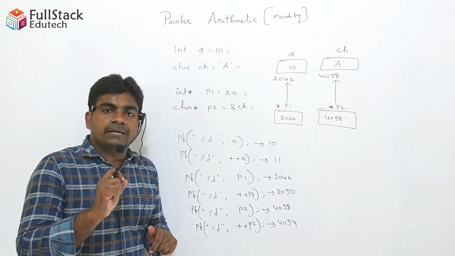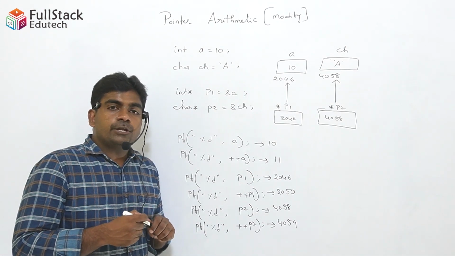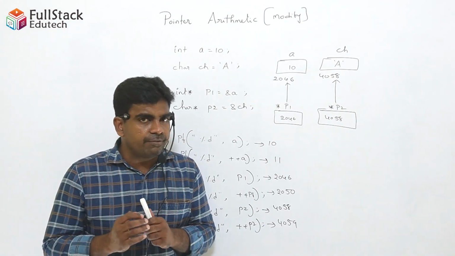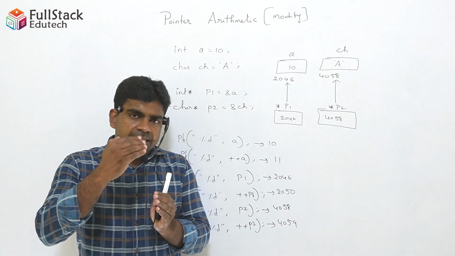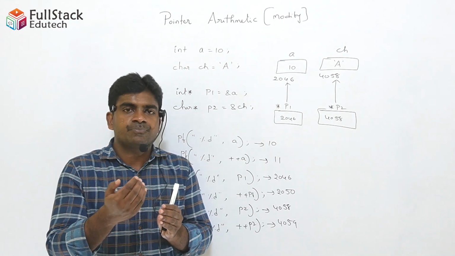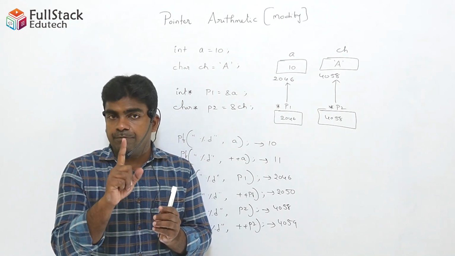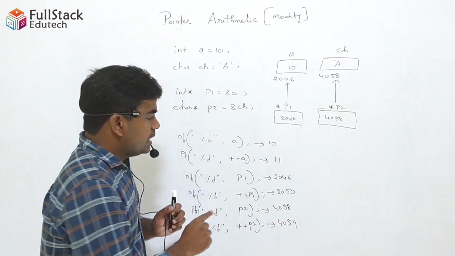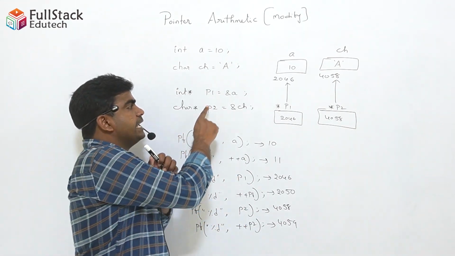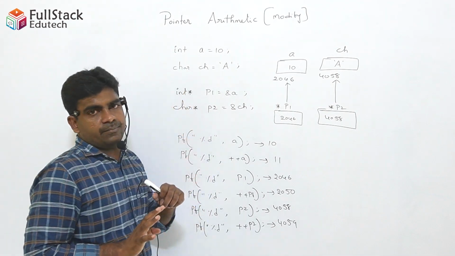A very important one. Whenever you are increasing or decreasing a normal integer value, either it will increase by 1 or it will decrease by 1. Plus means increase, minus means decrease by 1 only. But if you are increasing a pointer variable, what type of pointer are you increasing?